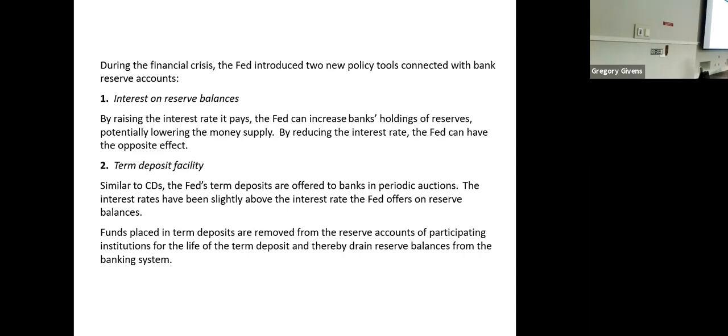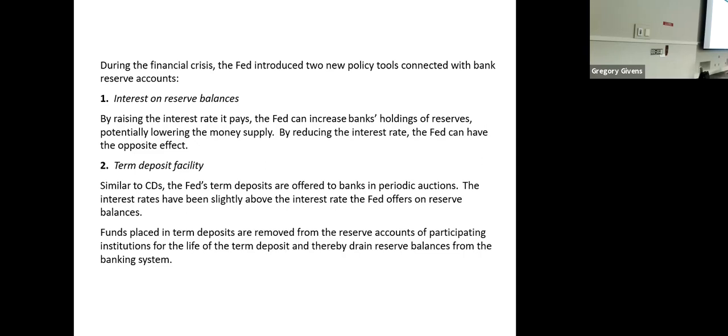Those funds are then removed from the reserve account of the bank or the participating institution for the life of the term deposit. And thereby they drain reserve balances from the banking system, right? If you go to a bank and buy a CD, let's say a 1-year CD, you're going to move money from your checking account over to the CD. That's going to drain resources from your checking account for that 1-year period, right?